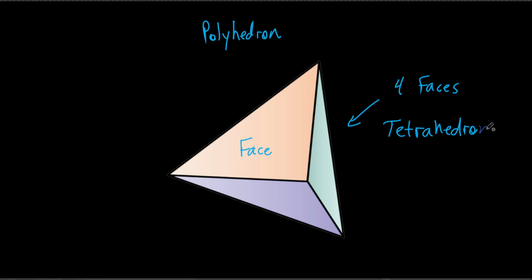Everything's going to end with hedron, okay? You just have to know the prefixes. This is the one that's a little bit different, okay? Tetra, that actually means 4, okay? So it's a tetrahedron, all right? Everybody with me on that? So it's a tetrahedron.